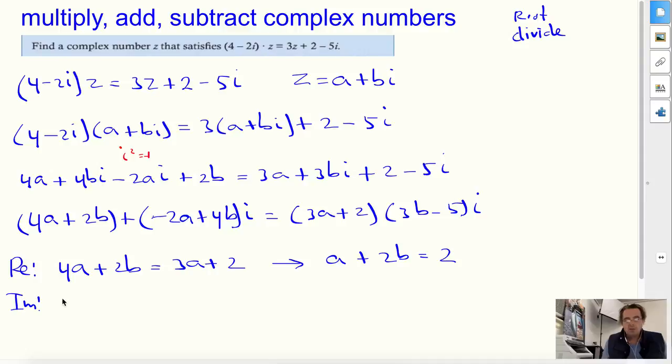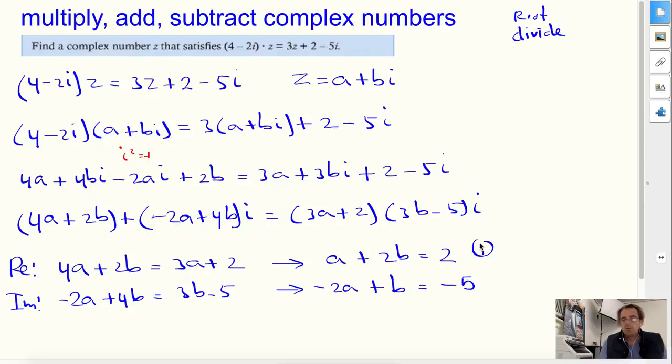So the negative 2a plus 4b needs to be the same as 3b take 5. Now if I write that, then I get negative 2a plus b equals negative 5. So two equations, 1 and 2, with two unknowns, a and b.